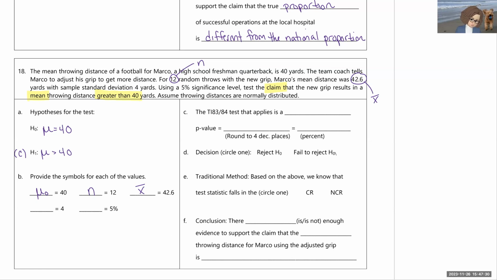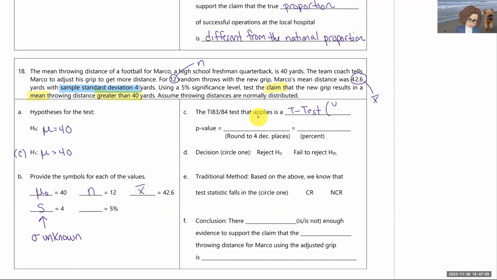And then the 4, this is where we have to be careful here to check if that's s or sigma, and it says sample standard deviation. So that's s, which means that sigma is unknown. And that's why over here we end up doing a T test.